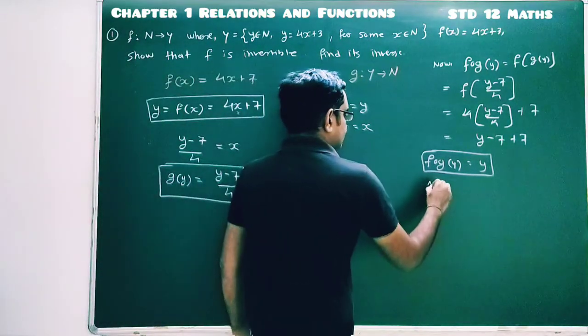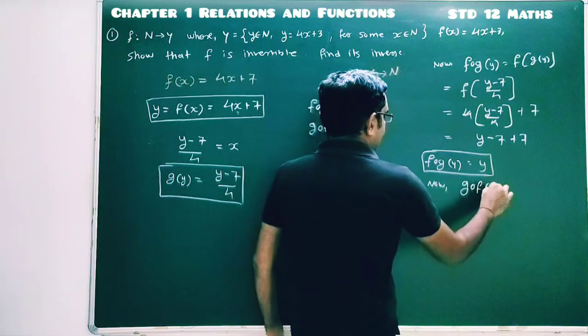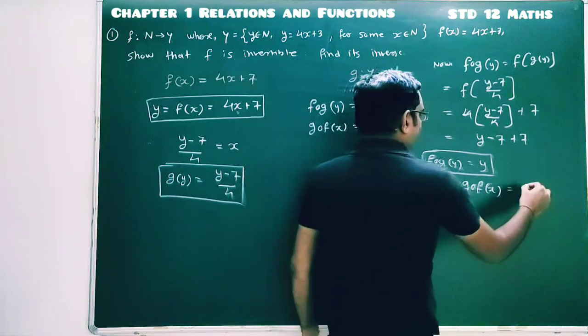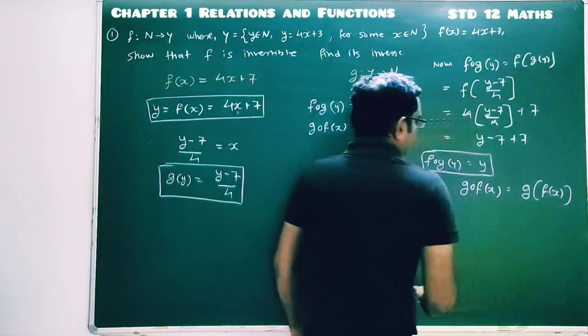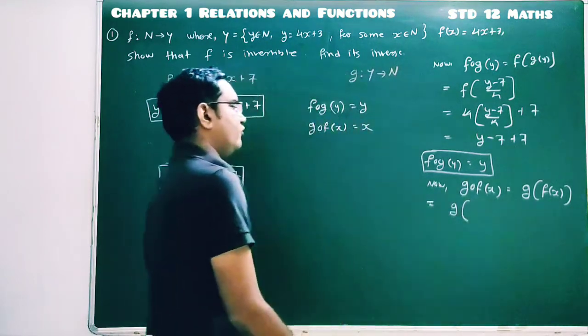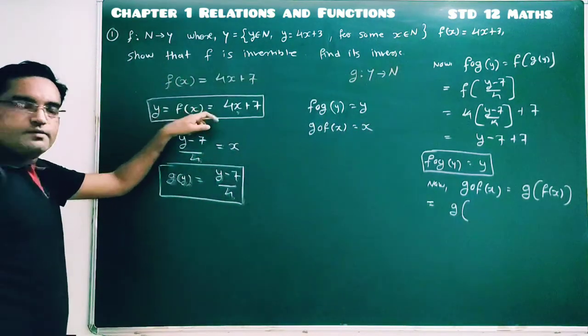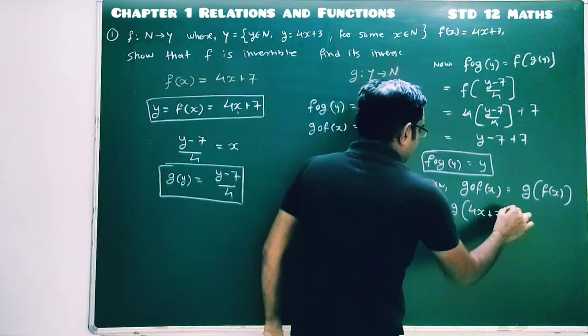Then we require g of f of x equal to x. So now g of f of x. f of x is our given function 4x plus 7. Done.